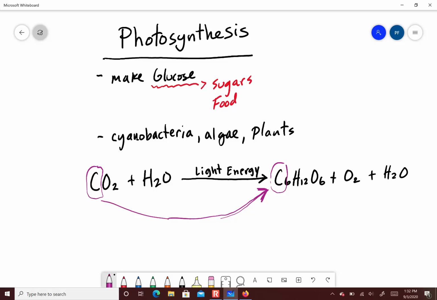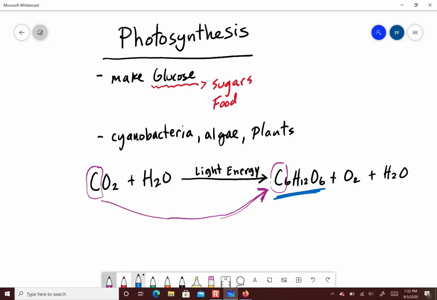Because look at it for a second, looking over here at our products, if you took the 6 carbons out of glucose, what do you have left? You have H2O. Water's pretty plentiful on our planet, so water's not that hard to get. What's hard for a plant to get is carbon, right? So that's what it uses the CO2 for. It's a carbon source.